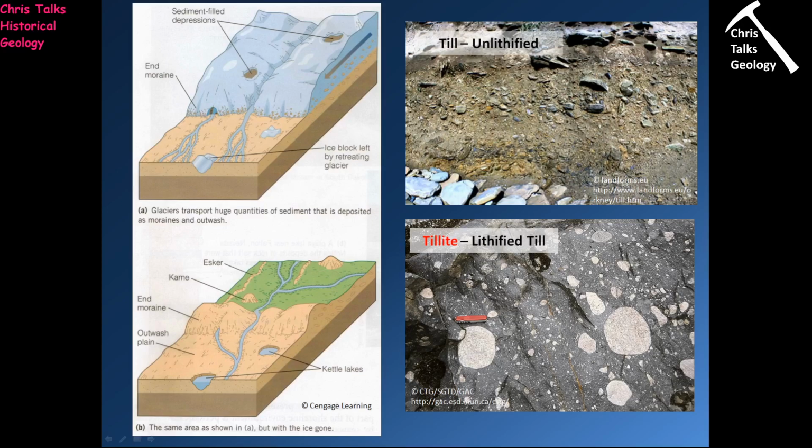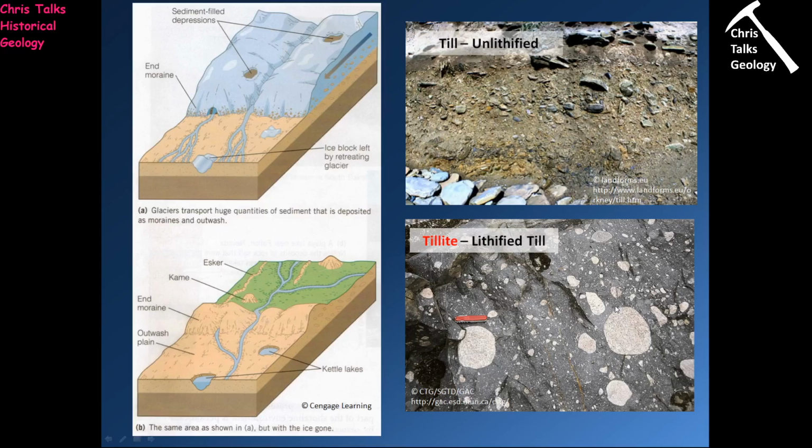Here's our tillite, and you can see we have nice rounded clasts, what probably look like cobble and gravel sized clasts, in a matrix that consists of a lot of clay and silt. So it's quite a muddy matrix. This is the classic appearance of a glacial till. It's a very muddy conglomerate.